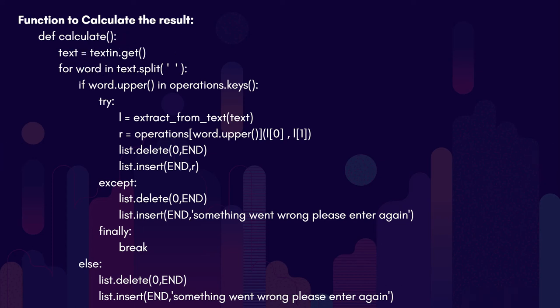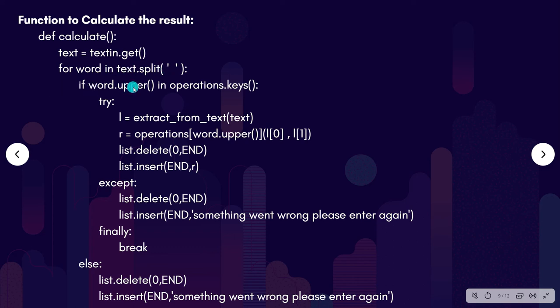Now what will we do? We take the text in the text variable, that is the input given by the user, and this text contains the input present in the entry. So here we use the get method to get the text, and we will do the same procedure as the last one to check the text for the operator. So we use text.split and give space to this.